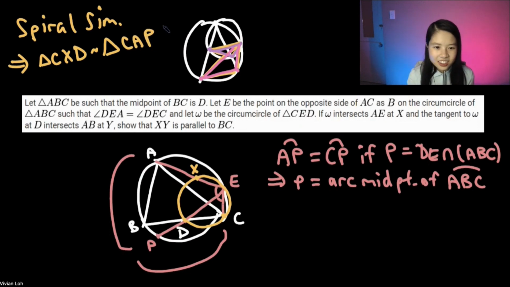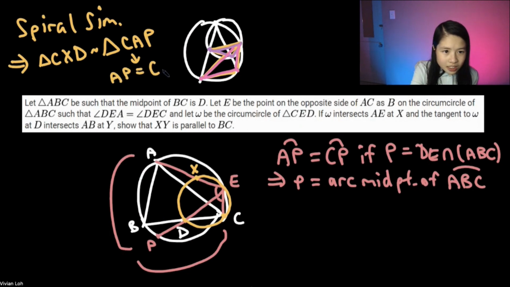All right, cool. And this is very nice because triangle CAP is isosceles, because P is the arc midpoint. So from triangle CAP, we know that AP equals CP. And then if triangle CXD is similar to it, then we must have that XD equals CD.